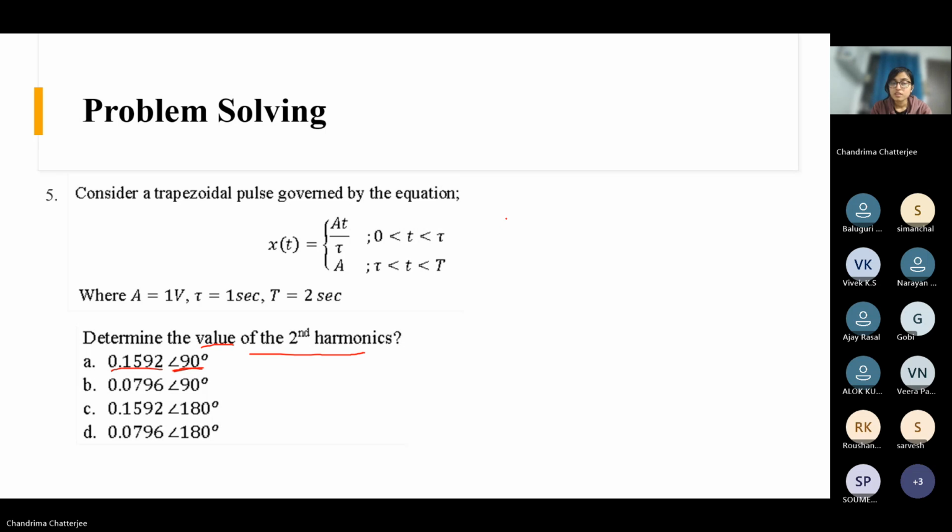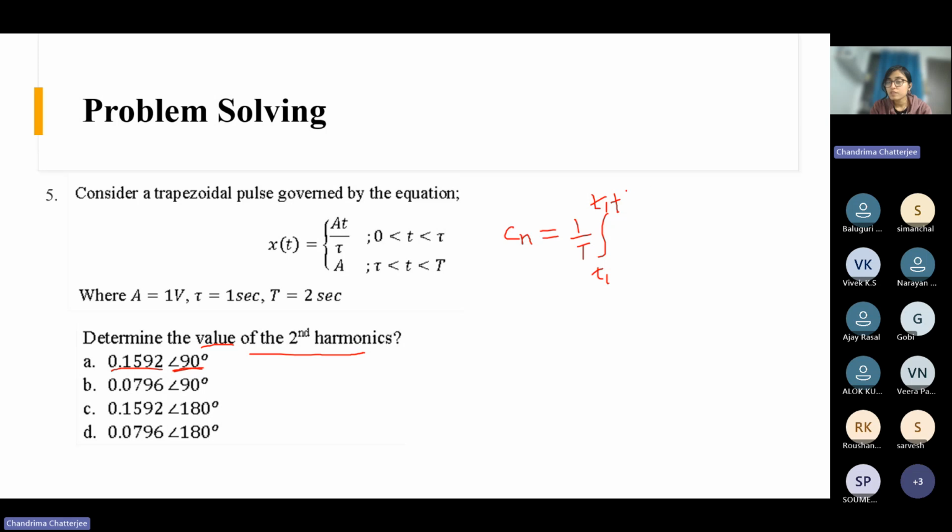Okay. So for this, what we need to do is we will have to find out Cn, right? How we can find out Cn? So this is 1 by T again, then T1 to T1 plus T. T1 may be any instant, any random instant, because this is a periodic waveform.